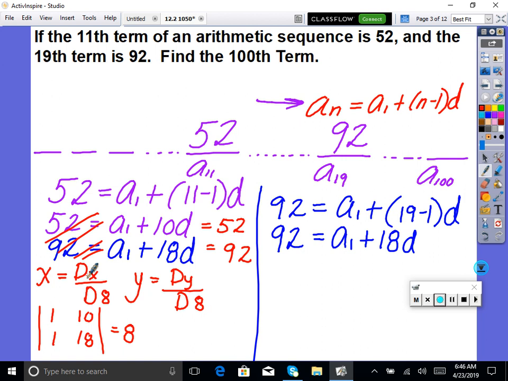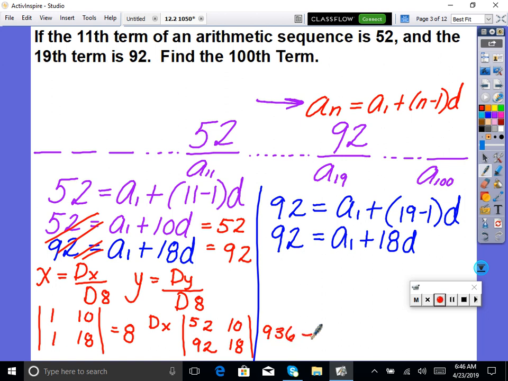Now let's find dx. So dx, remember, means find the determinant by replacing the column of x, right? Here's my column x. We replace it with these two things. So we're going to insert those in instead. So that would be 52 and 92, and then we'd still have 10 and 18. So let's grab a calculator. 52 times 18, 936.